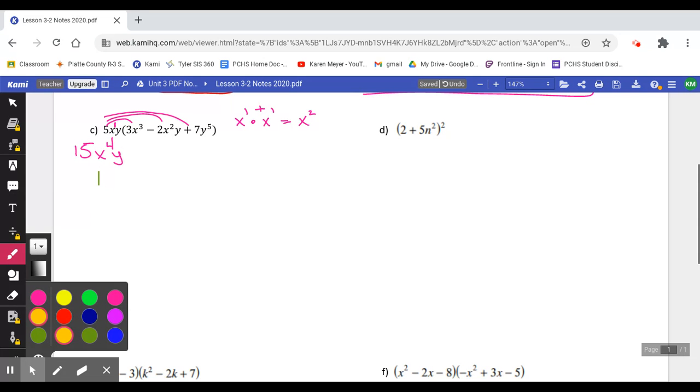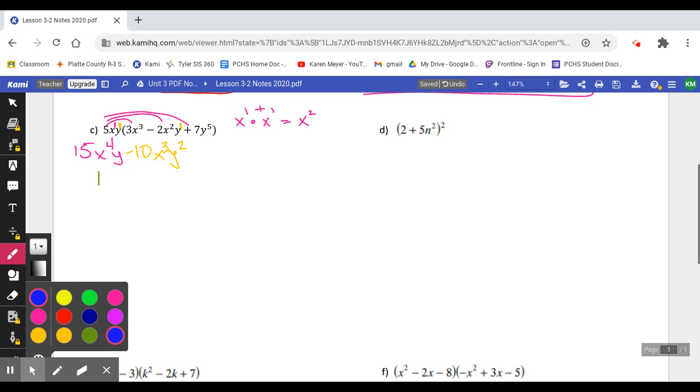The middle one, 5 times negative 2 is negative 10. Add your exponents for x. 1 plus 2 is x to the 3rd. I'm going to put in my magic little 1 for exponents of y, and 1 plus 1 gives me y to the 2nd.